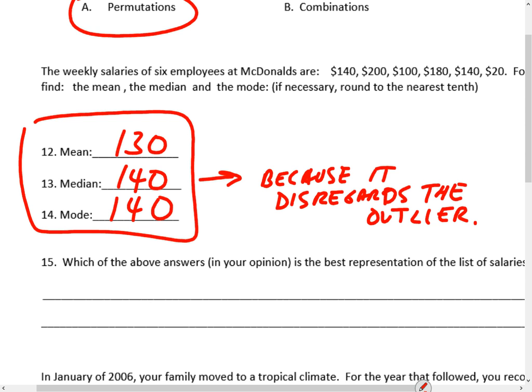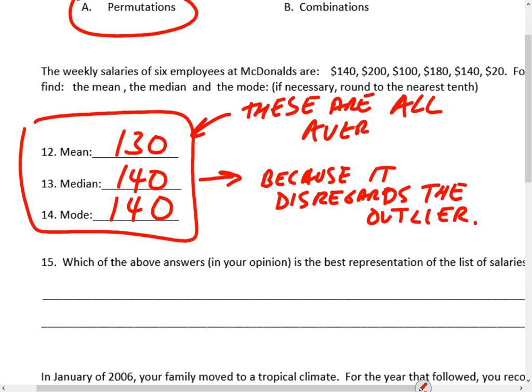Circle all of these and write down these are all averages. We use the mean so often, we call it the average, but all of these are averages. These are numbers of central tendency.